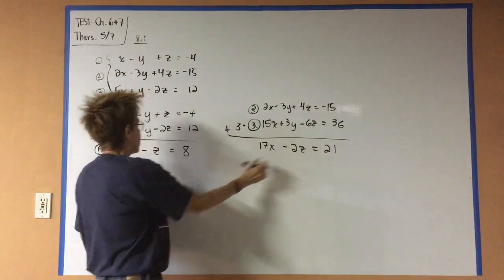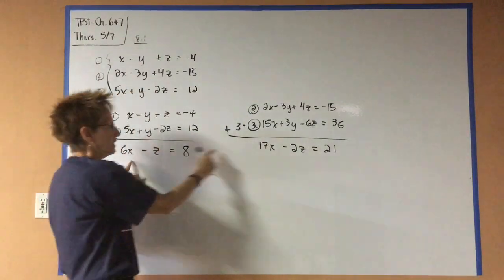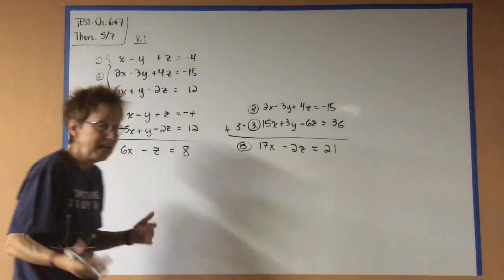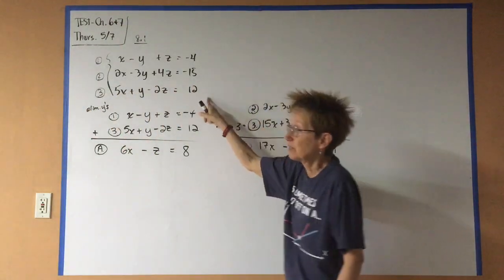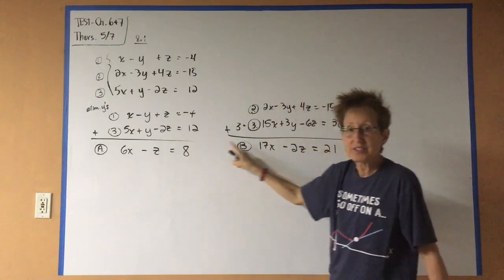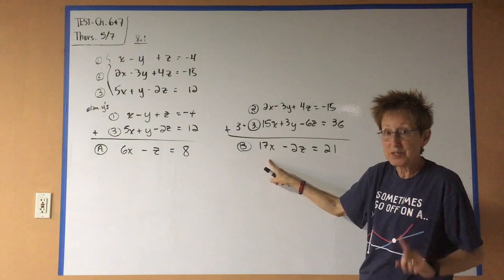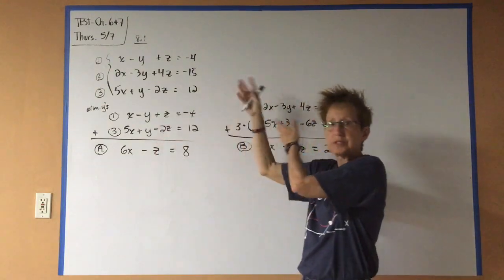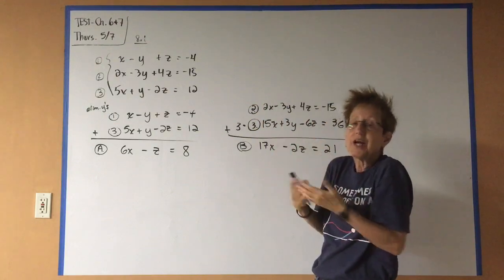An equation with just an x and z in it. I'm going to call this equation B. So now what have I done? I've taken a system of 3 equations and 3 unknowns and turned it into a system of 2 equations and 2 unknowns, the same unknowns. This does not do you any good if you eliminate y's here and you decide to eliminate x's here. You're not getting anywhere.